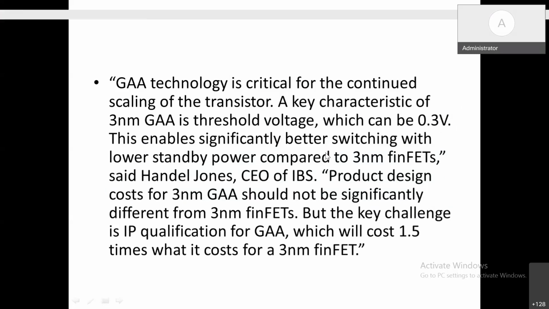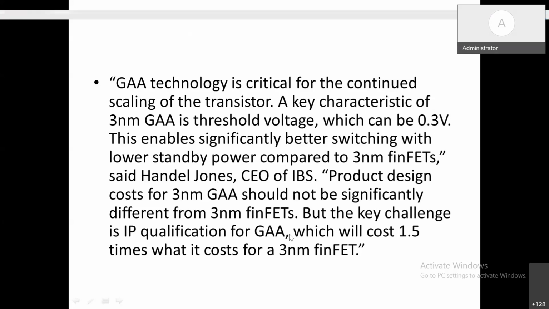So we have better switching with lower standby power. 3 nanometer FinFETs are there, but with gate-all-around technology the switching is faster, with a lesser supply voltage and less power. This was said by Handel Jones, who is the CEO of the company IBS.